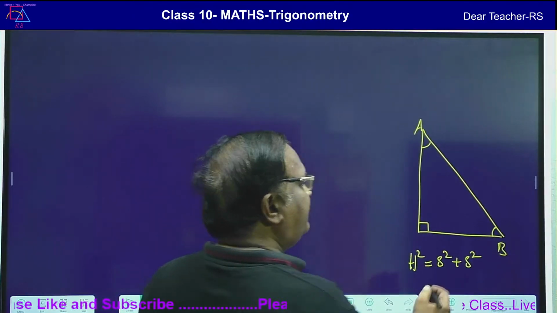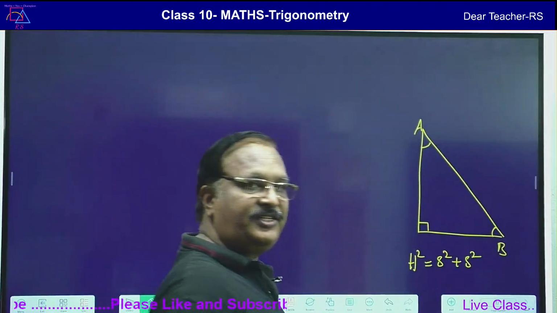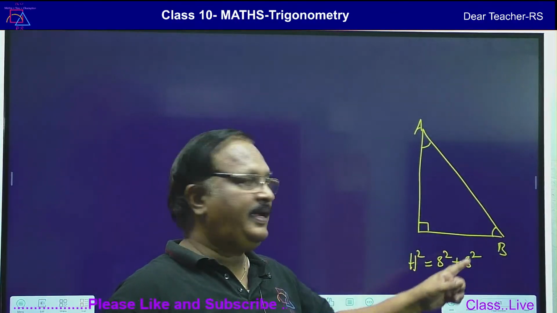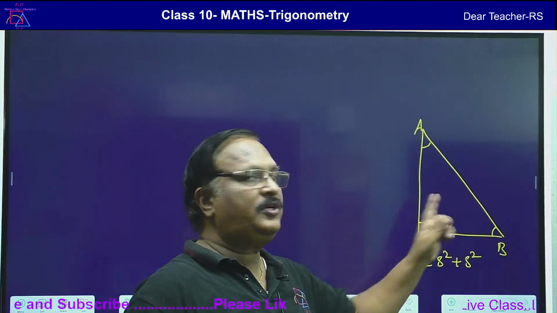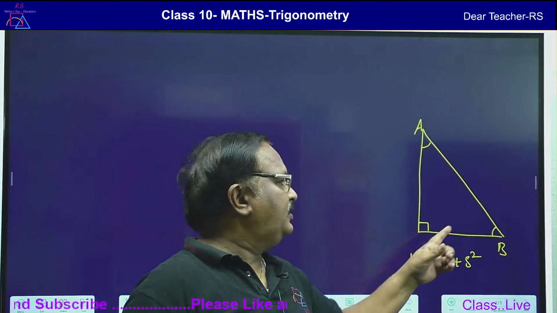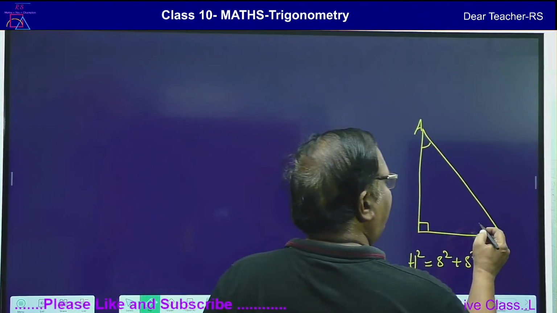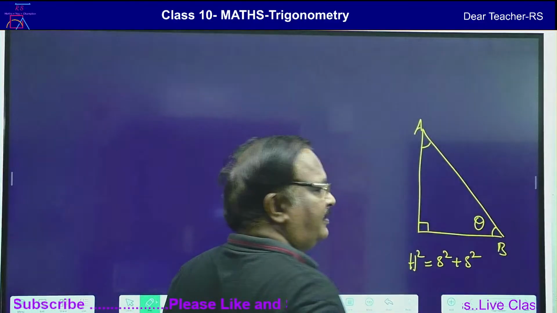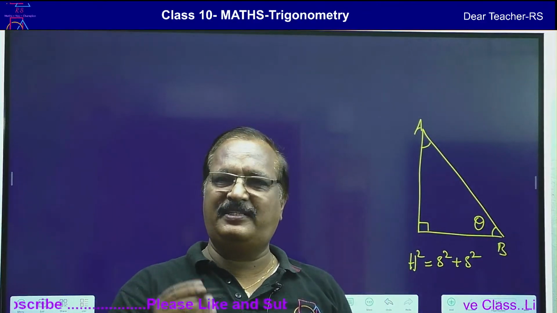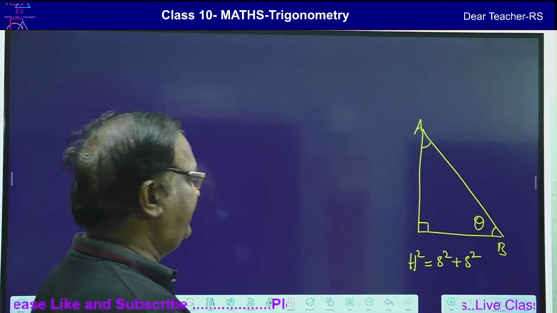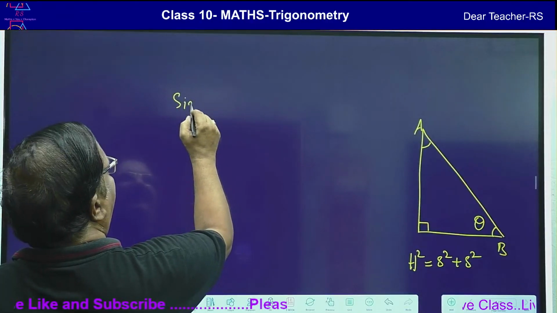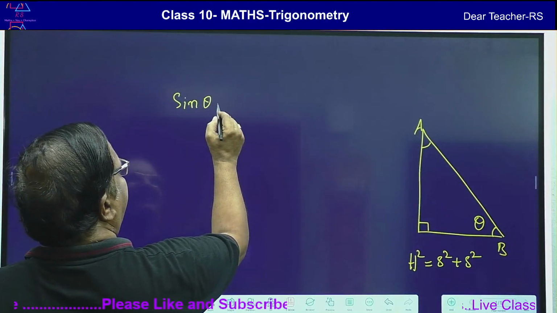Now in trigonometry, we will have the relation between the angles and the sides, and that angle is any one of these two complementary angles, not the 90 degrees. Now this angle I will denote with theta. Theta is a Greek letter. It is very easy to write. The first relation is sine of angle, in short sine theta.